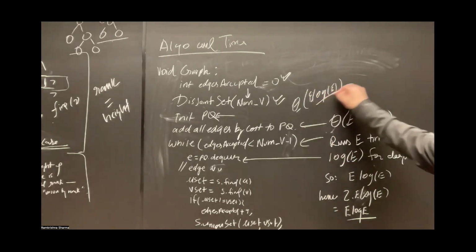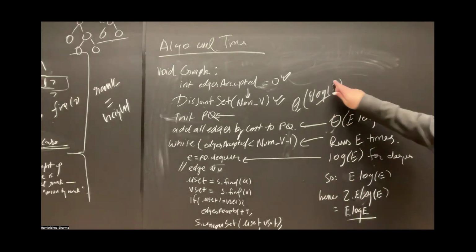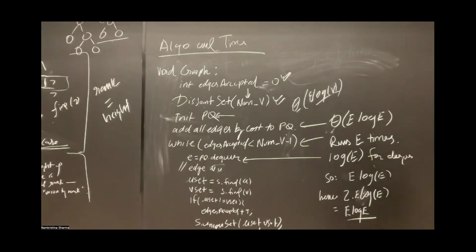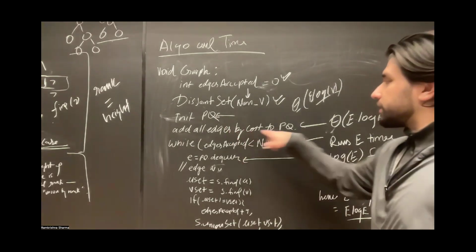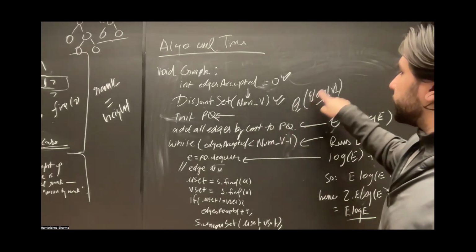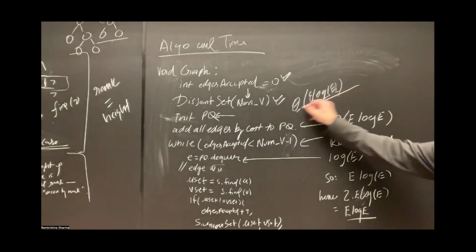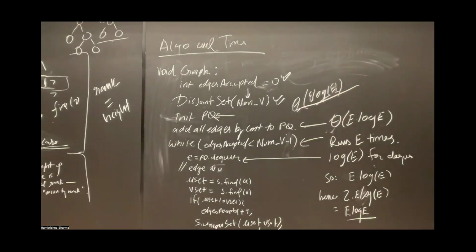So e edges, a log e cost per addition, it's e log e. Or sorry, e log v. Or we're adding all edges by cost. So actually, we're iterating e times. And because the height of the tree is represented by e, it will be O of e log e.